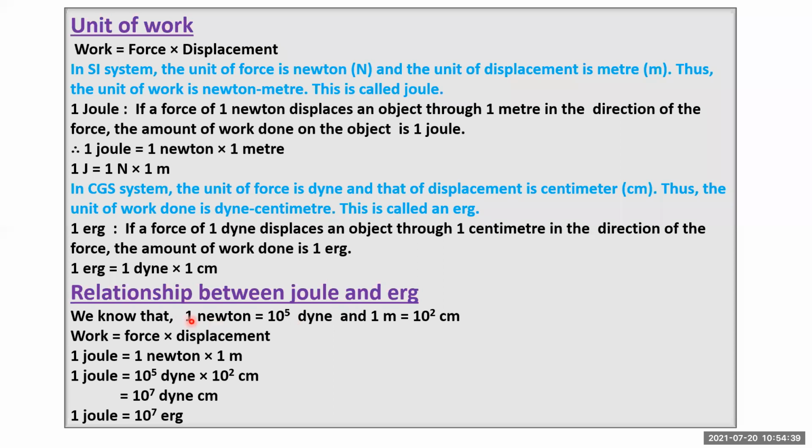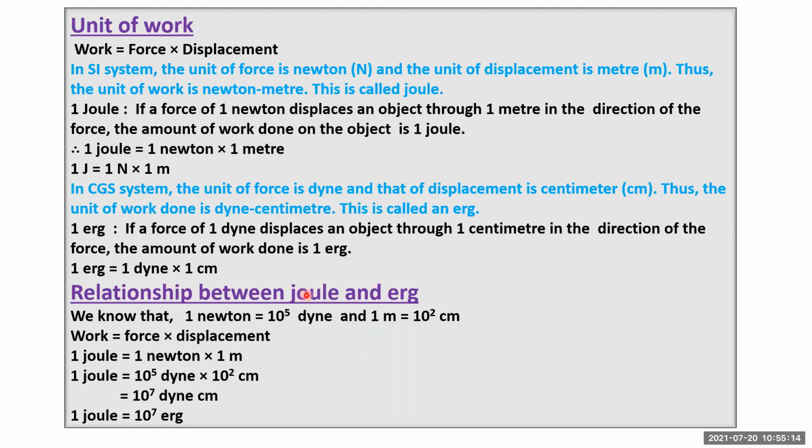It means nearly 1 lakh dyne in 1 Newton only. And 1 meter is equal to 100 centimeter, 10 raised to power 2 centimeter. Therefore, Newton and meter are large units, dyne and centimeter are small units. Therefore, erg is a small unit of work done and joule is a large unit of work.